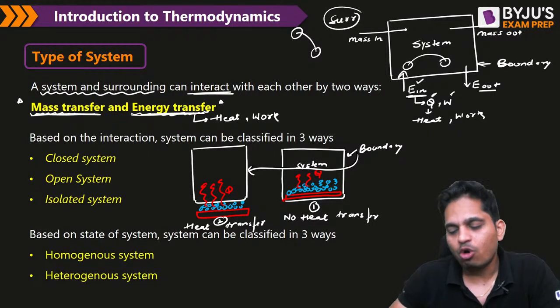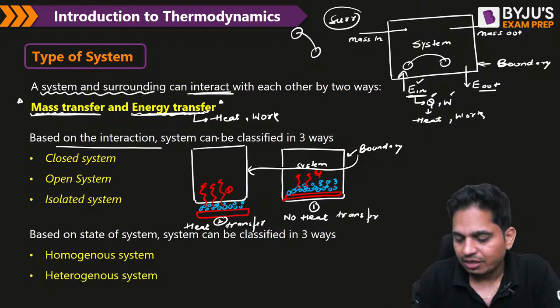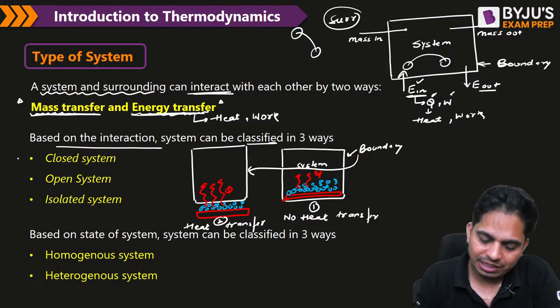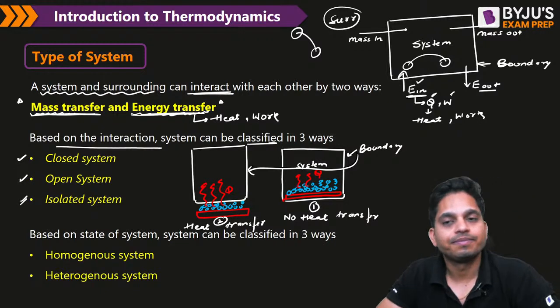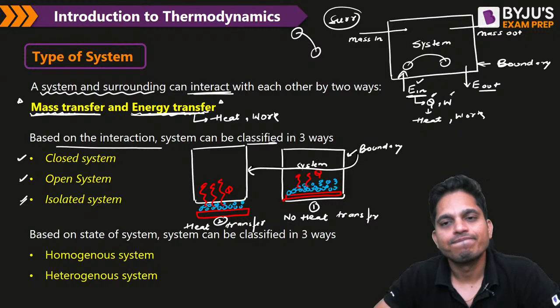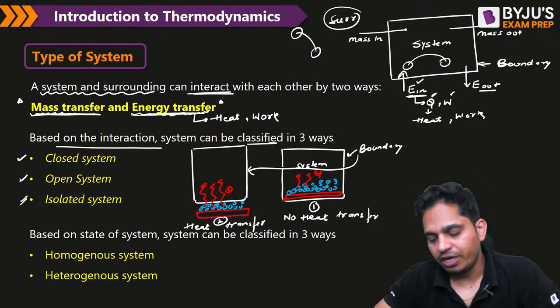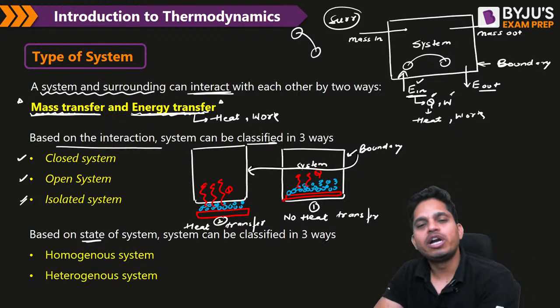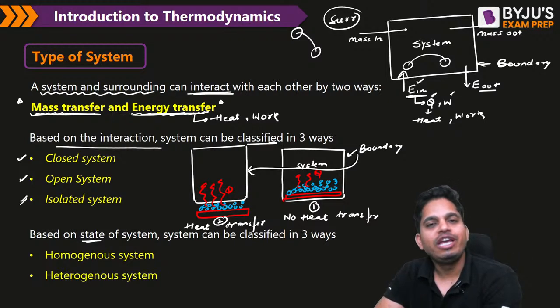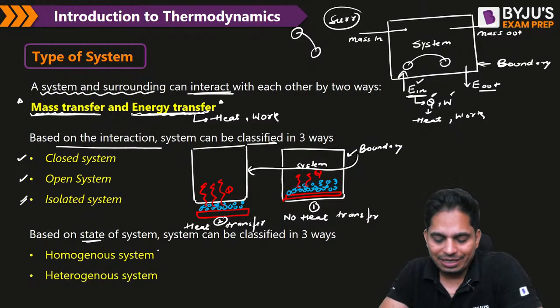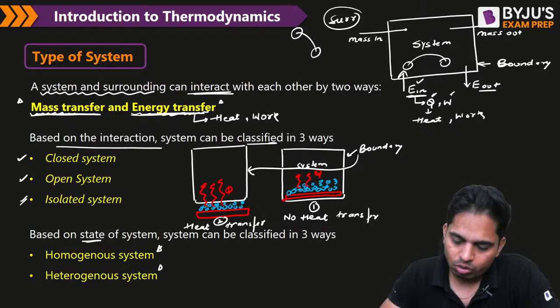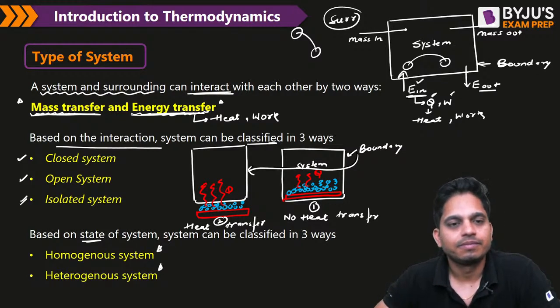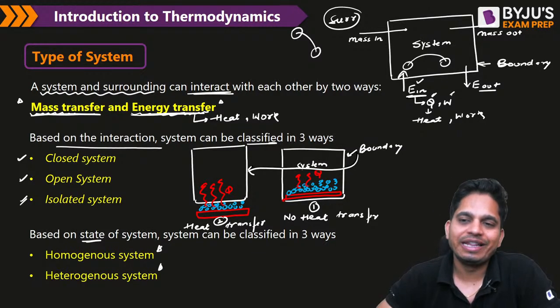Now based upon the interaction, system can be classified as closed system, open system, isolated system. And based upon the state of system, state means is it solid, liquid or gas, we classify our system as homogeneous or heterogeneous. So let's try to understand them one by one.